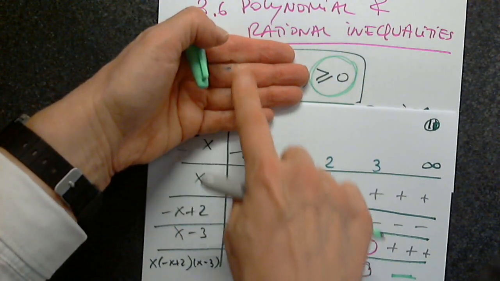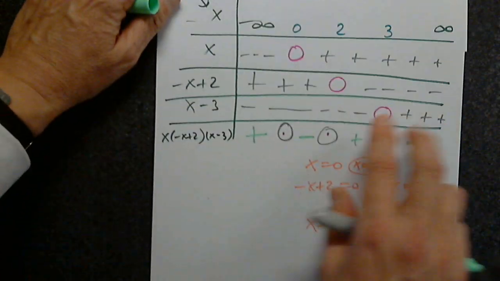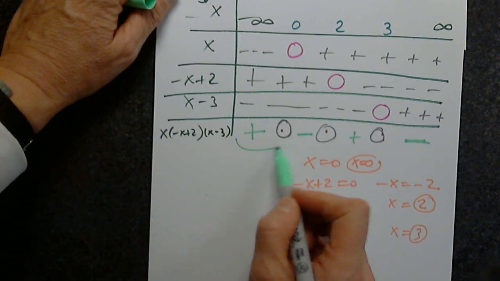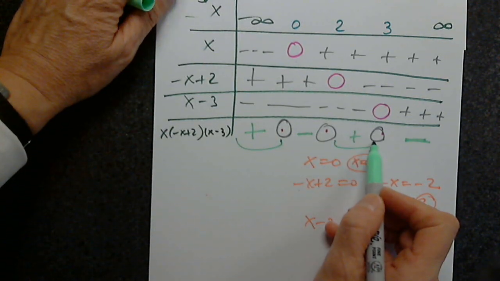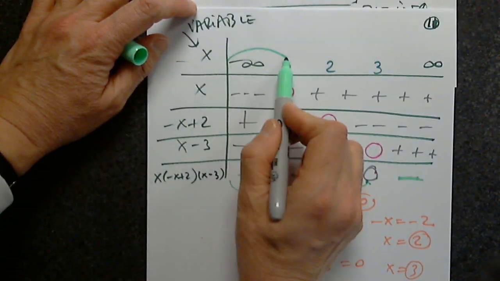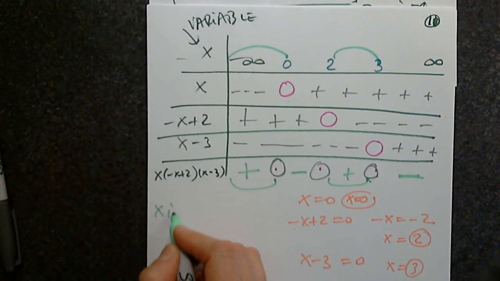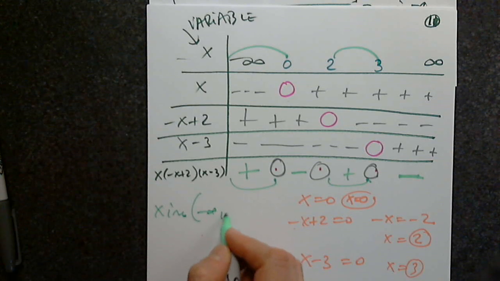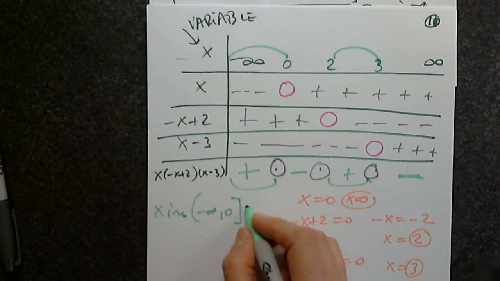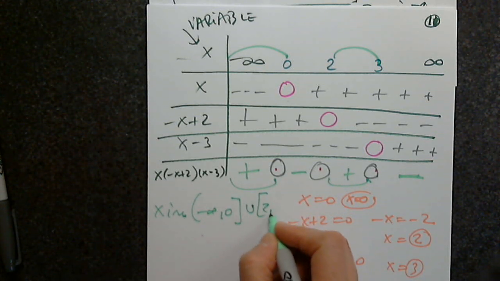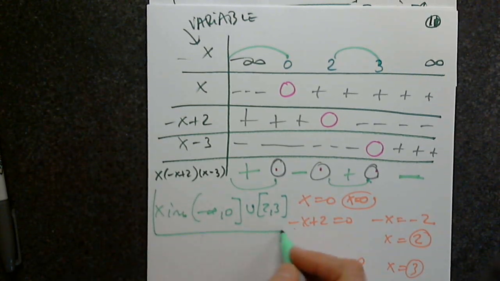Exactly. This must be positive. Where is it positive? Here and here, which means for this and for this. So x in the interval negative infinity, 0, union 2, 3. This is the answer.